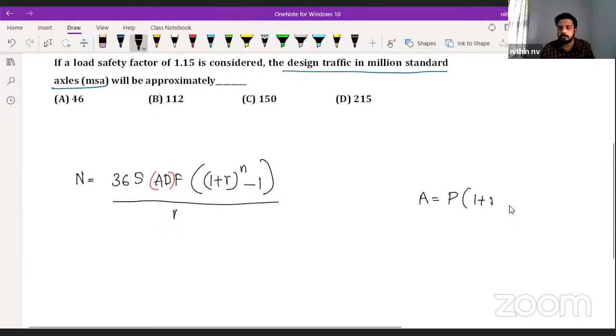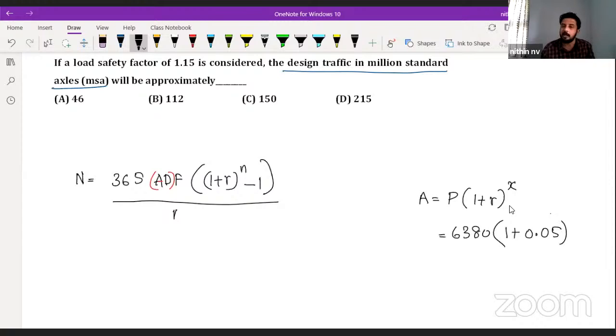So the equation is (1 plus R) the whole raised to X in general, where X is the construction period, whereas we are assuming P is the present traffic. But in such a question, either they can give the present traffic, or directly the future traffic, or they can give some past data. So they have given this 6,380 as 1 year before. So what do I need to do? This R value is given as 5%, substitute it in decimal.